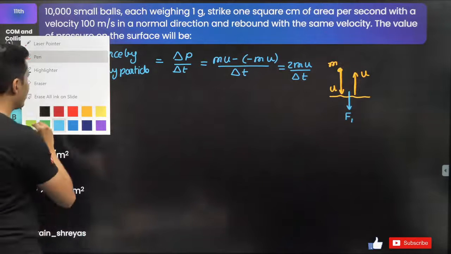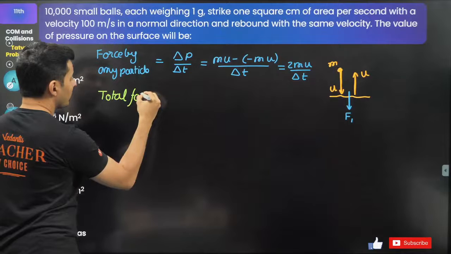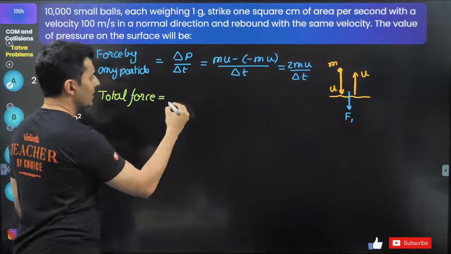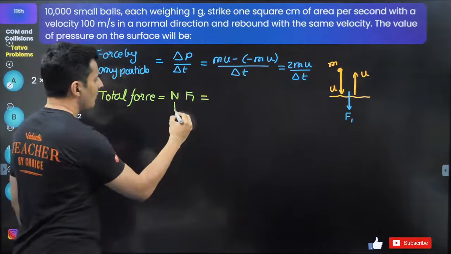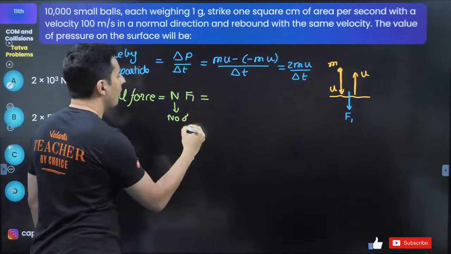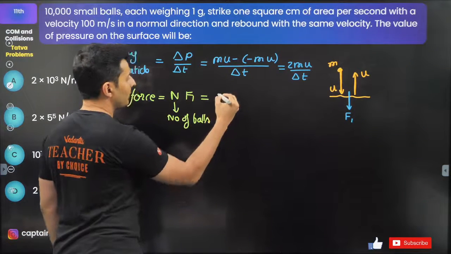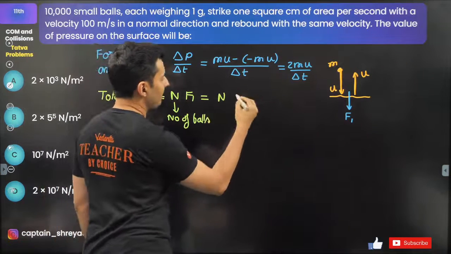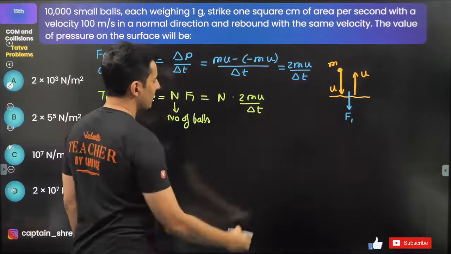If I ask you what is the total force, it will be n times the force by any one particle, where n is the number of balls falling onto it. So it will be n into F1, and F1 is nothing but 2mu divided by delta t.